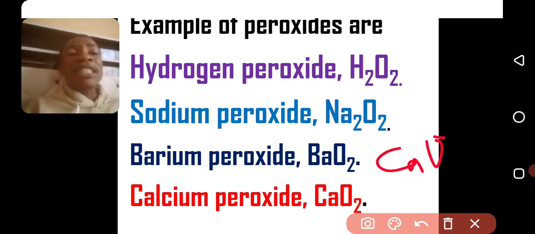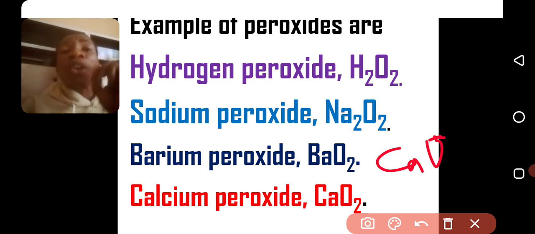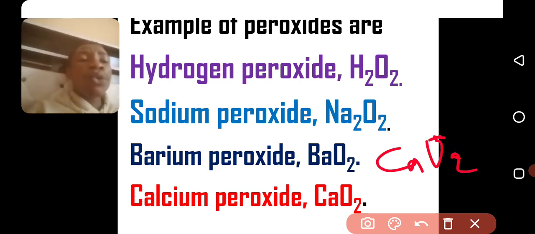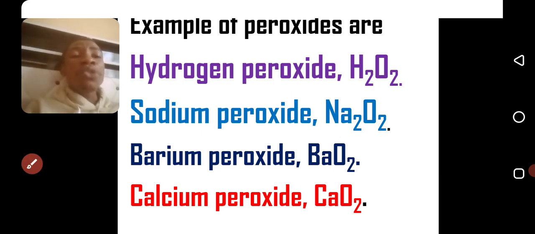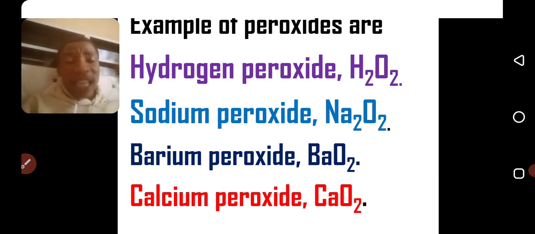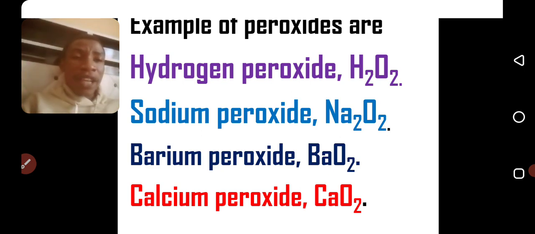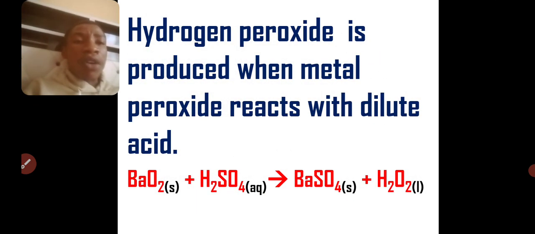But since it's a peroxide, it must have one oxygen more, that's CaO2. So that is how you distinguish between a peroxide and a normal oxide. In peroxide, oxygen has an oxidation number of -1 as opposed to -2. And the number of oxygen in a peroxide is always one more than a normal oxide.